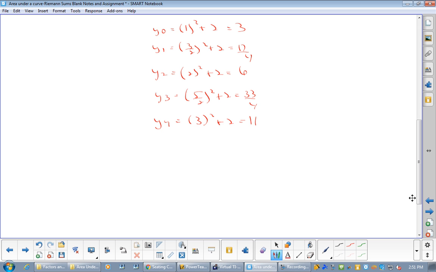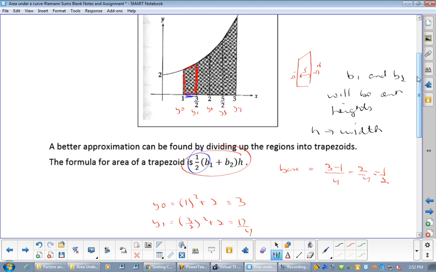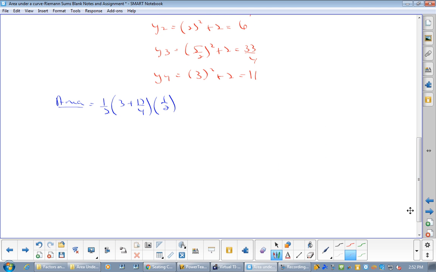Now we're going to use our formula for area of a trapezoid because it's just 4 trapezoids. So it's 1/2 times B1, which would be y0 plus y1, so that's 3 plus 17 over 4, all times the base, which is 1/2. This is half from the formula up here. Don't get it mixed up, so I'll label them: this is y0, this is y1, and this is my base.